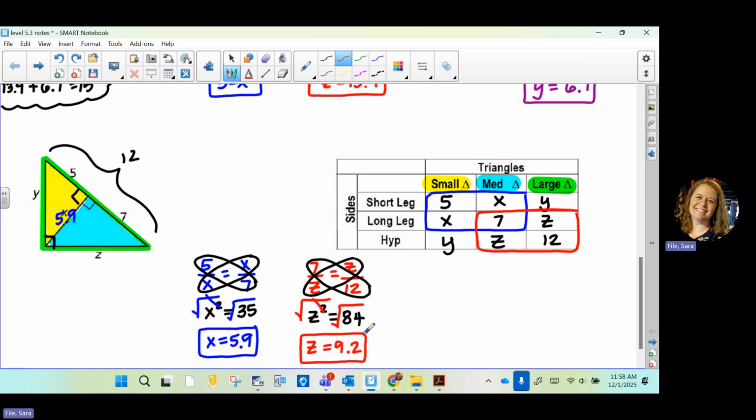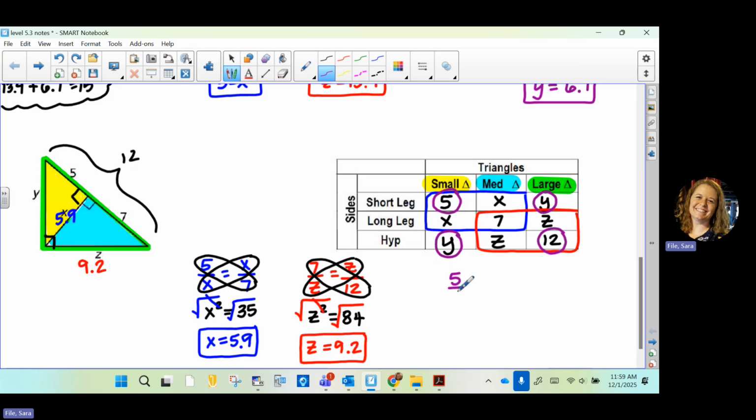Again, I've got decimals here, and I don't want to use those in any of my proportions to solve for another piece, because when you use a rounded value to find something, your answer is going to be slightly off. So again, I'm going to look for non-rounded values. Same concept, I'm going to do X is to Y as Y is to 12, like I did in the previous example.